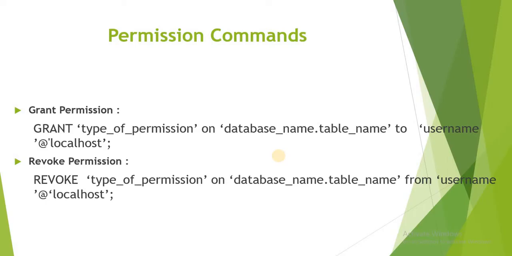Here I write a command which grants different privileges to a user. Grant the type of permission, create, insert, update, whichever you want, on database name, table name, to username and host name. And if you want to revoke the permission, then I use the revoke command. So let's switch to the command prompt.